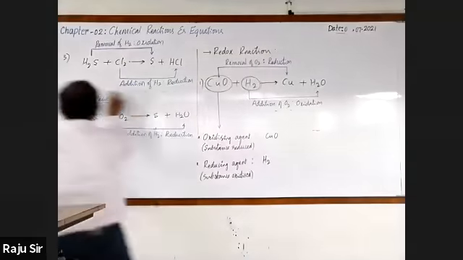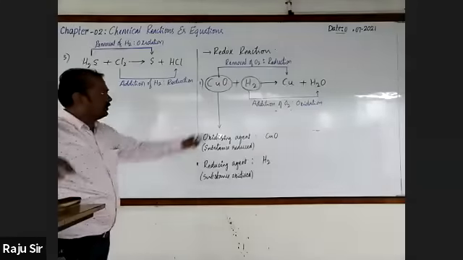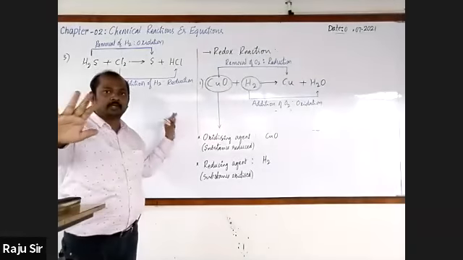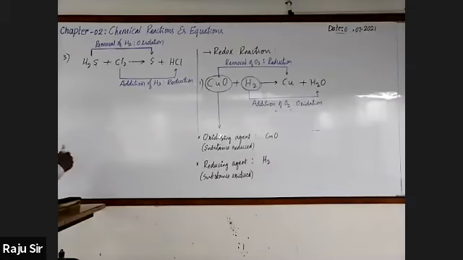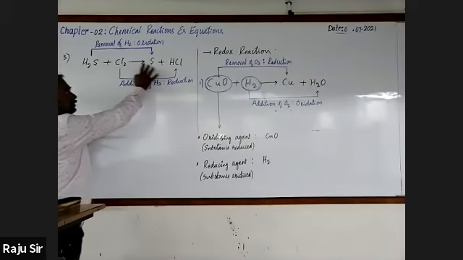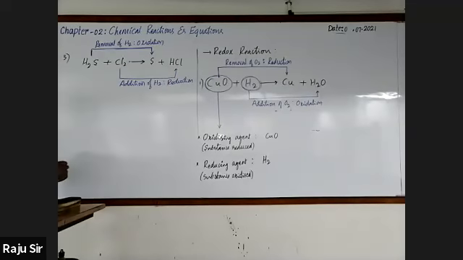Now, come to that example. Third example. Sir, we should write it, sir? Don't take it. One example you have taken, that is enough. From here, afterwards I'll give you the points. Come to this example. Here hydrogen sulfide reacts with chlorine to form sulfur and hydrogen chloride.